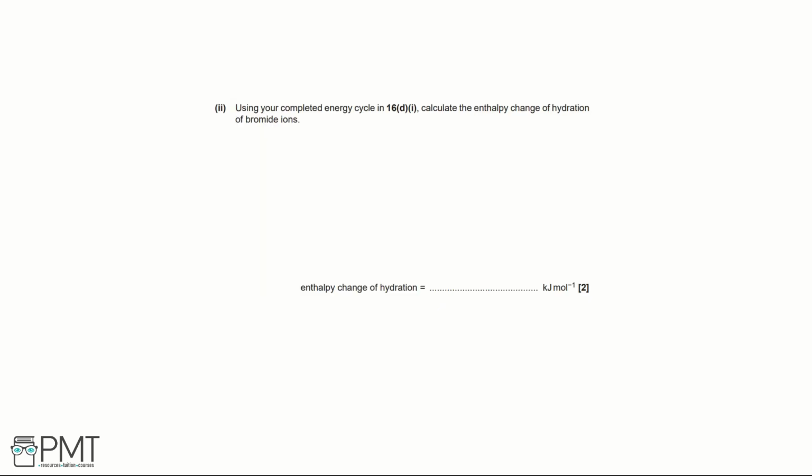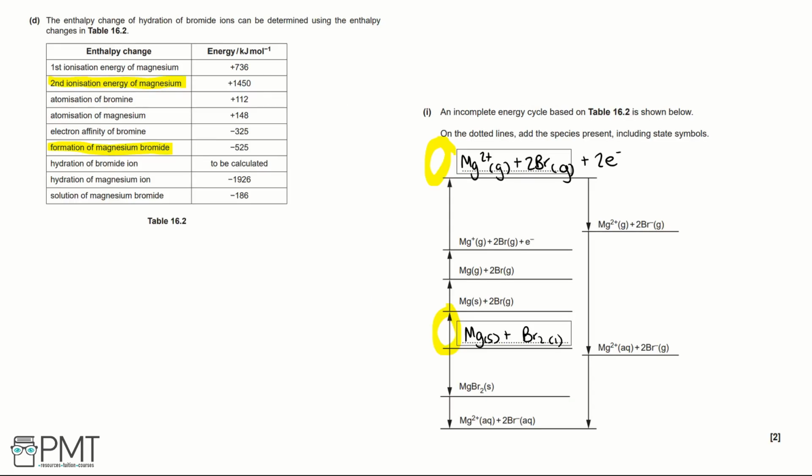Part 2. Using your completed energy cycle in 16D1, calculate the enthalpy change of hydration of bromide ions. So for this question, I think it's better if we return to the previous part of the question, where we've got our energy cycle that's now completed.